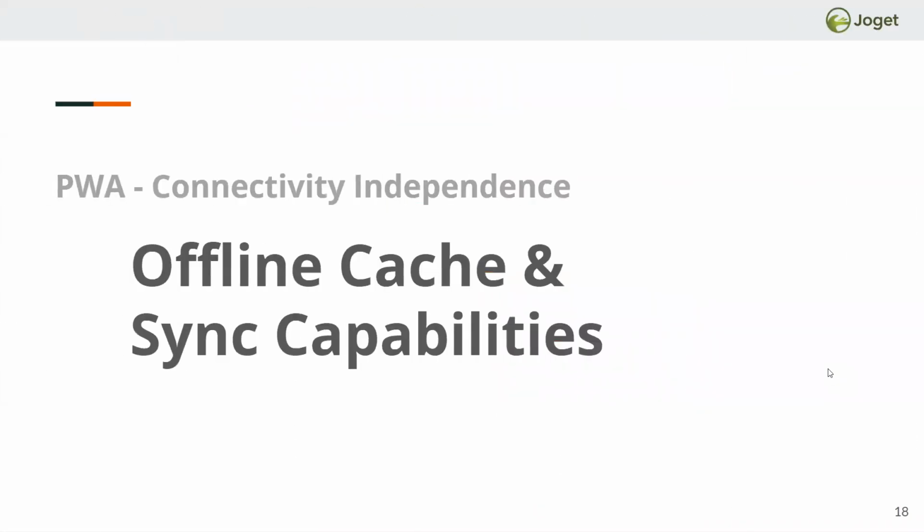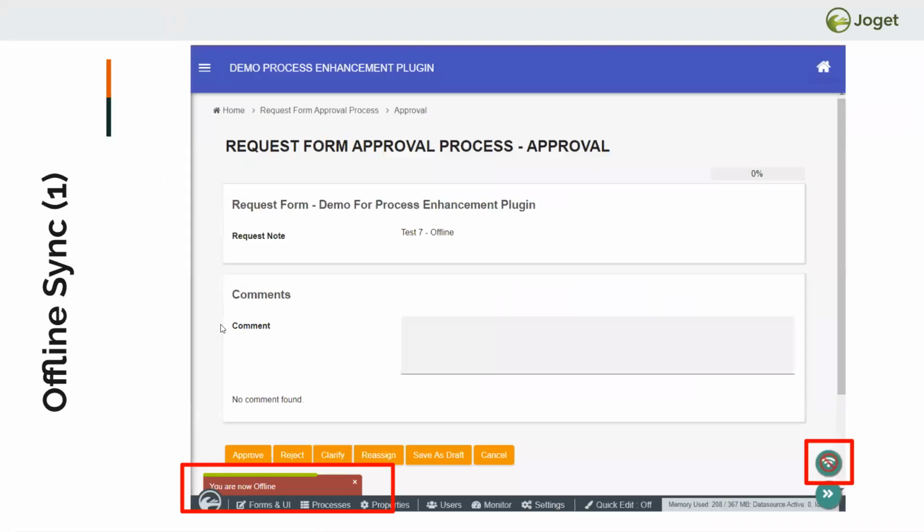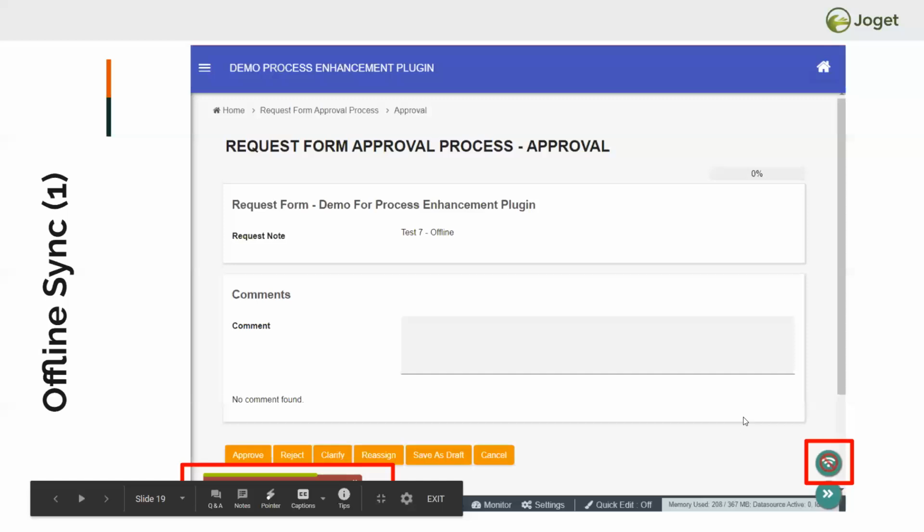And now we're coming to one of the key features of PWA in Joget, which is the capability for offline caching and synchronization. And what I mean by this precisely is, for example, when we go offline, we can see a few behavioral changes in Joget, such as the icon for the Wi-Fi here.